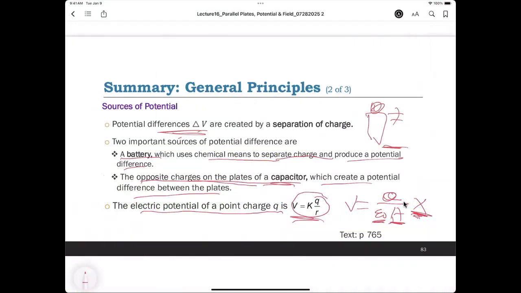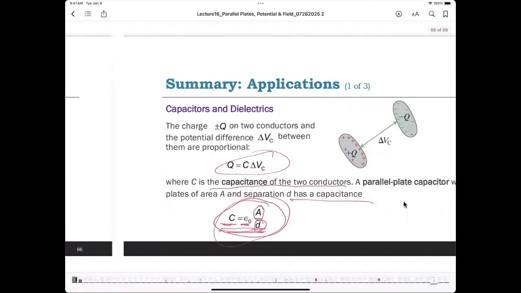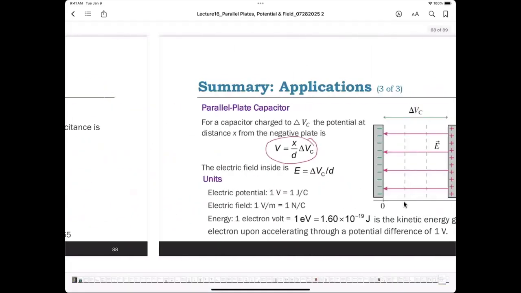For a capacitor charged to delta Vc, the potential at distance x from the negative plate is given by this equation, which we talked about just now. It can also be written as this equation.